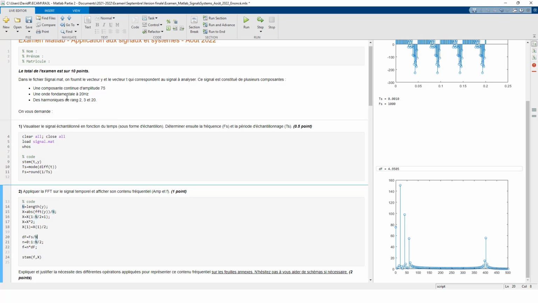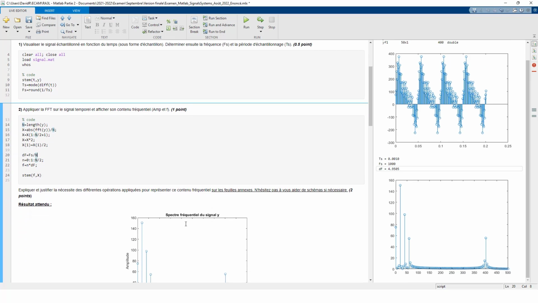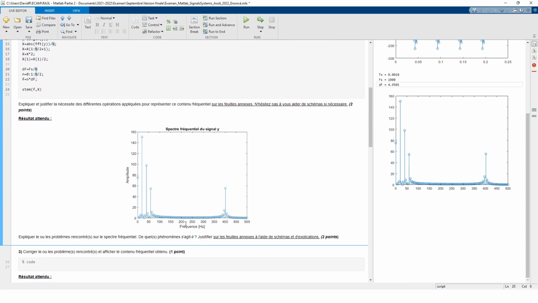Et puis on s'attendait à avoir également des harmoniques de rang 2, 3 et 20, qui devaient être situés à 40 Hz, 60 Hz et 400 Hz. On voit bien qu'on a 3 pics qui sont à peu près autour des valeurs attendues, mais vous voyez également qu'il y a toute une série d'autres valeurs présentes autour. Donc on a affaire à un phénomène qu'on appelle les fuites spectrales, en anglais spectral leakage.